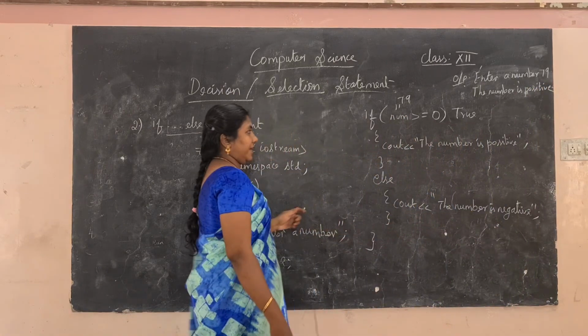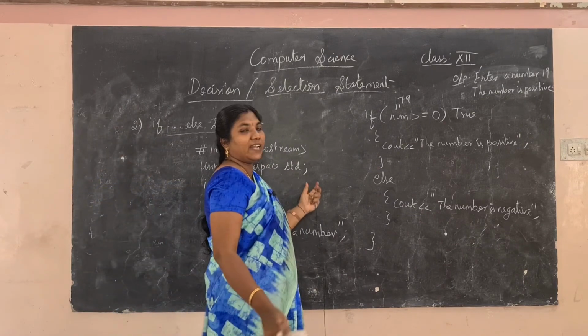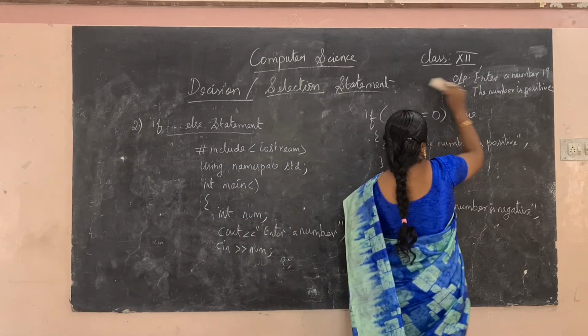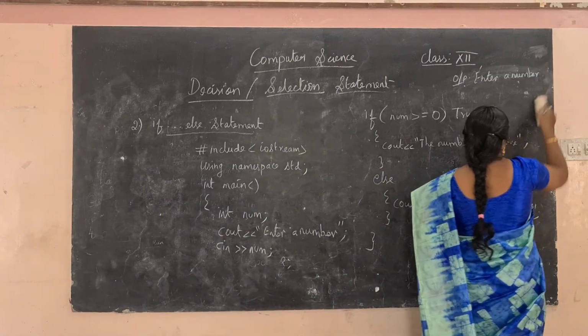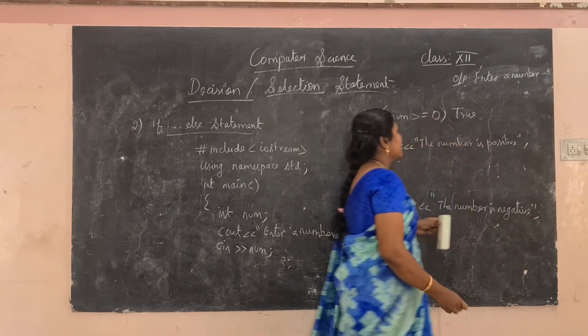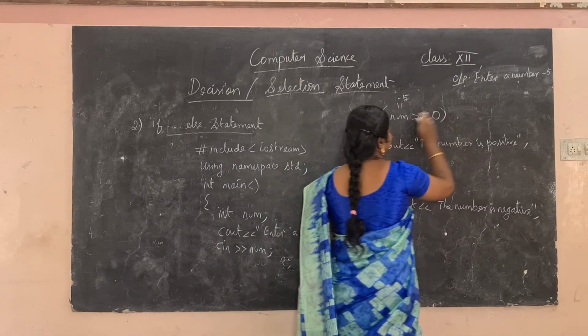Clear? Okay. Suppose I am giving another value. When I am compiling and running next time, let me give minus 5. So now num has the value minus 5. Is minus 5 greater than or equal to 0?